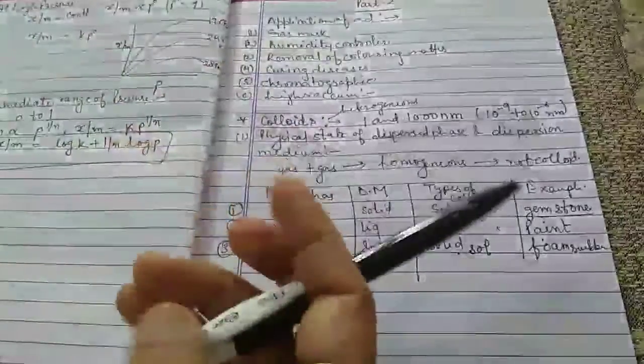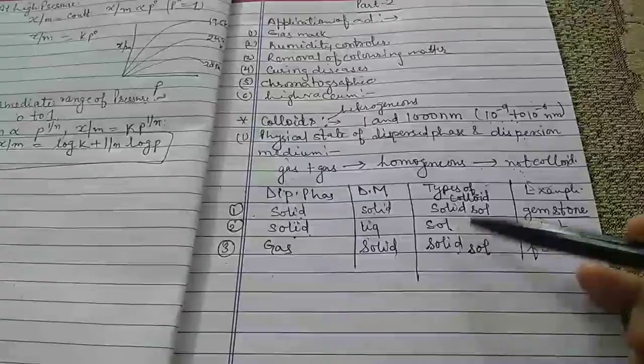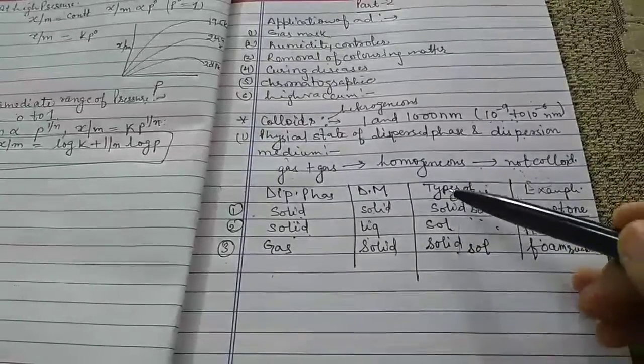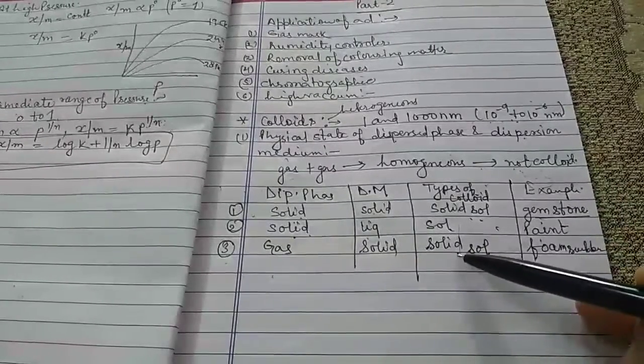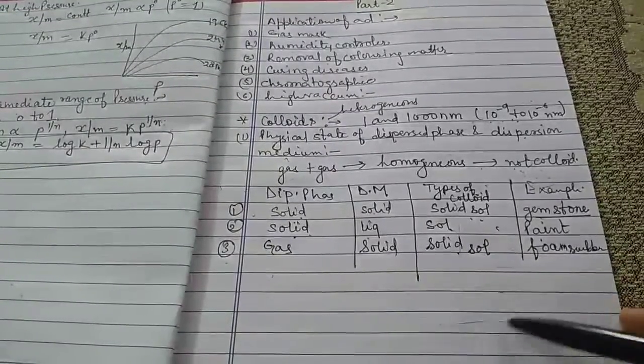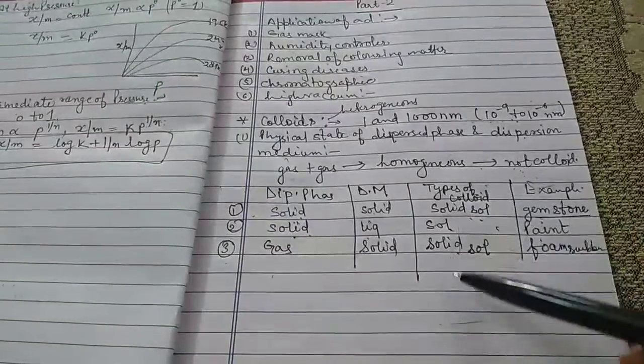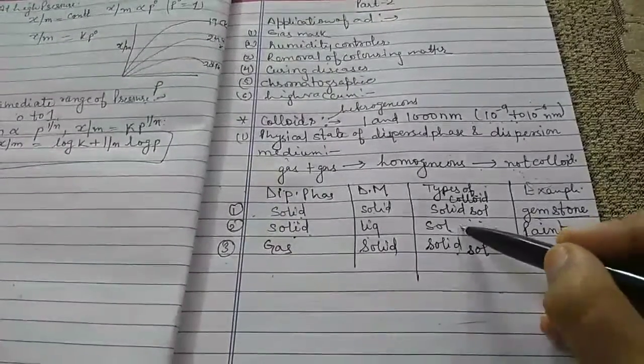There are various types of colloids like solid sol, aerosols, gels, emulsions, and foam. So there are 8 types of colloid, and out of these 8 types, the most common is the sol.